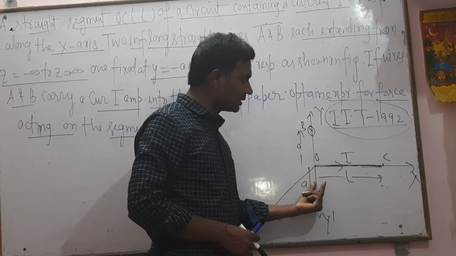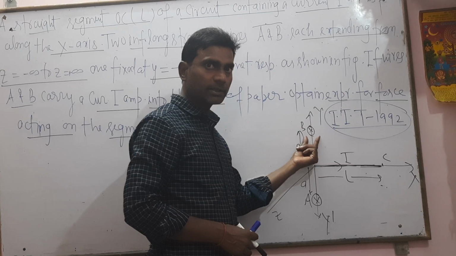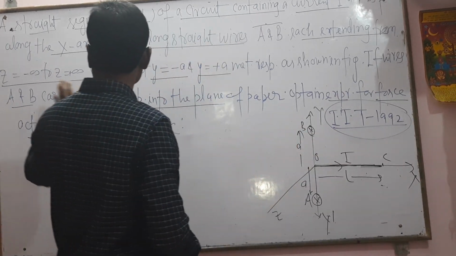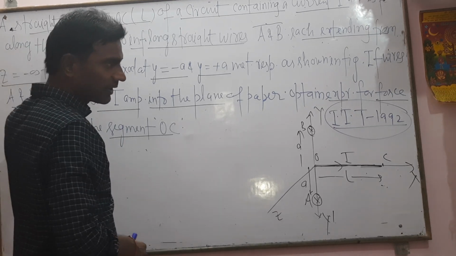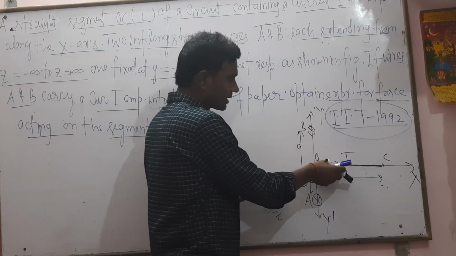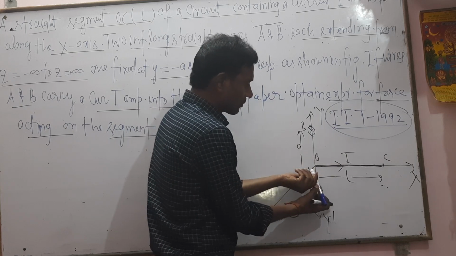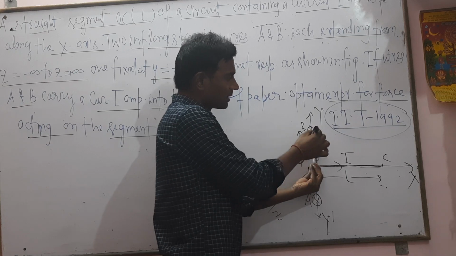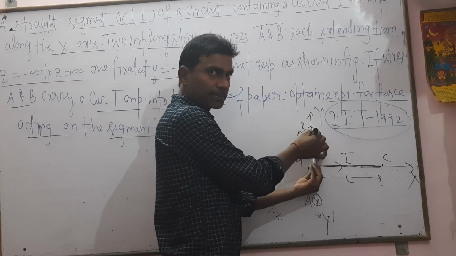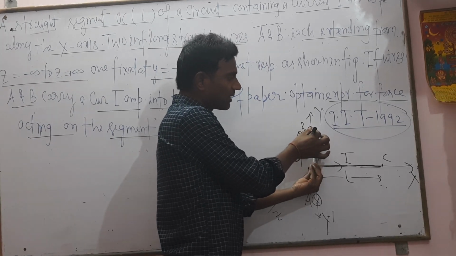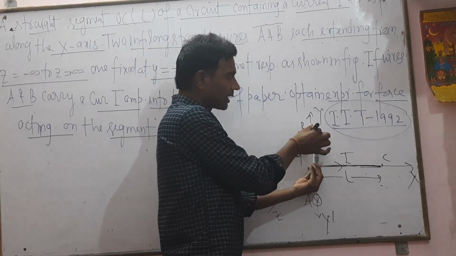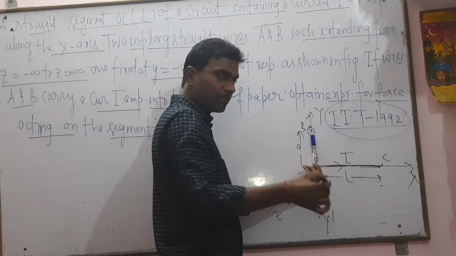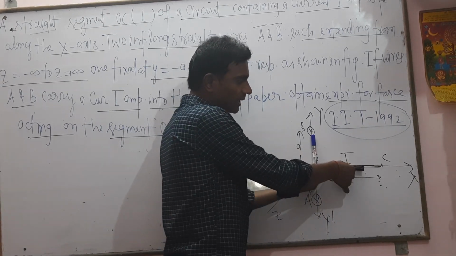The length of these two wires is infinite, from minus infinity to plus infinity. Along the y-axis, this is the infinite length wire at y equals plus a, and this is the infinite length wire at y equals minus a.